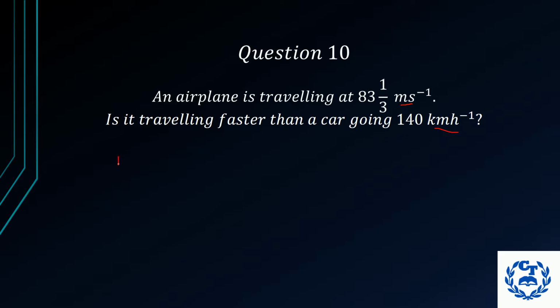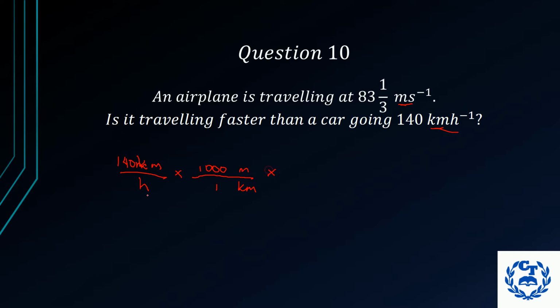So I start off by first writing it as a fraction, 140 kilometers over hour, and I'm going to choose values of 1 that are convenient for me. Now I desire to convert kilometers to meters, so I'm going to write the kilometers in such a way that I can cancel it off on the underneath here, and I introduce the meters on the top. It is 1 kilometer to 1,000 meters.